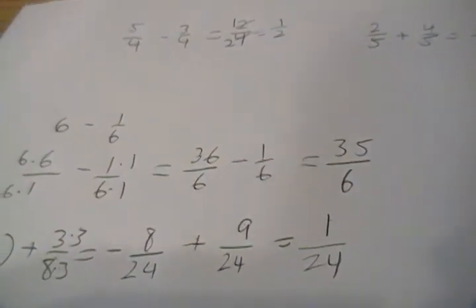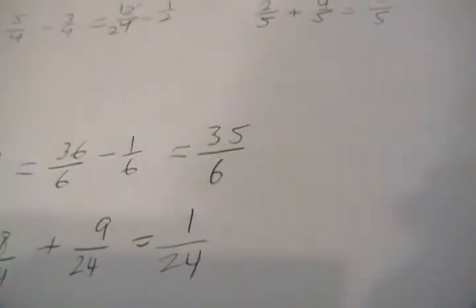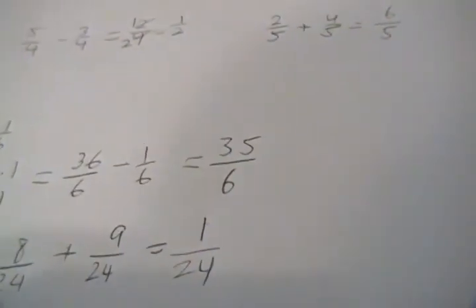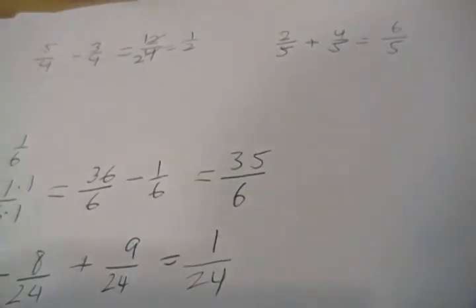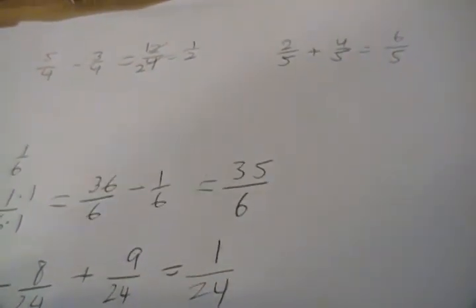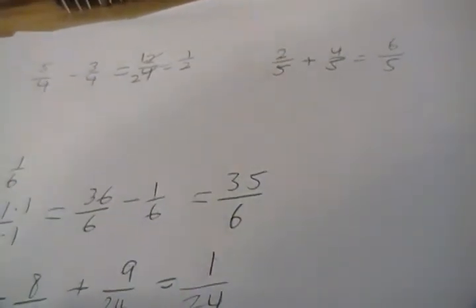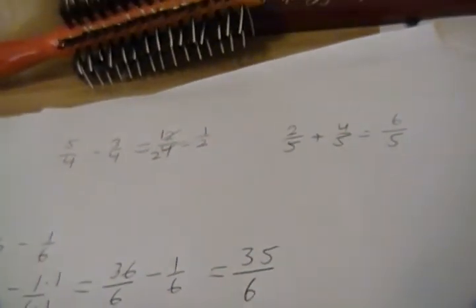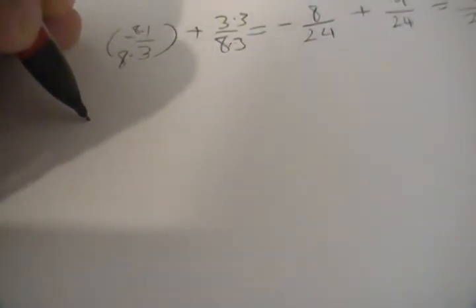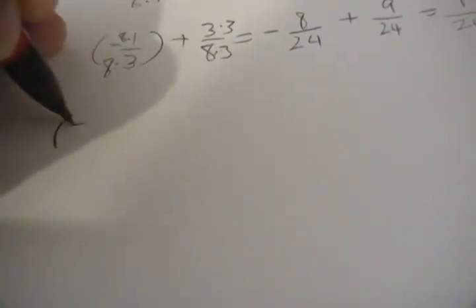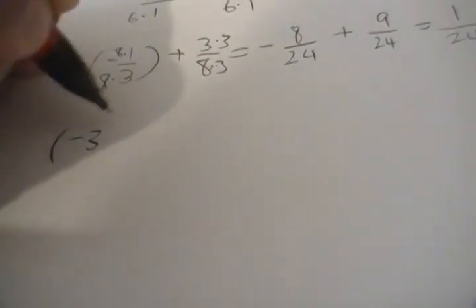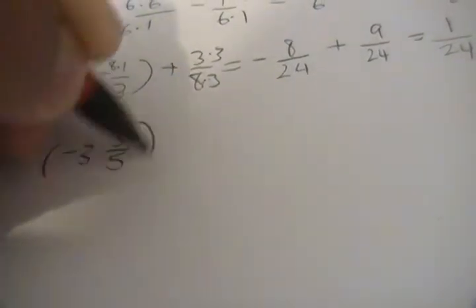Okay, now let's try mixed numbers. Mixed numbers have a whole number and a fraction together. Okay, so that's another process in itself. Let's try adding mixed numbers. Let's do one example. Say, for example, we have negative 3 and 3/5.